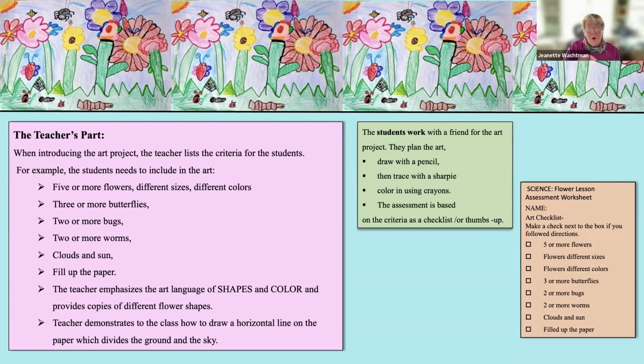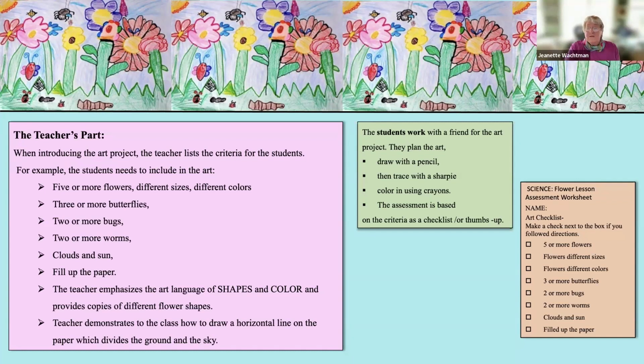As you're demonstrating, you can draw some flowers and tell the students, you're going to draw the flowers first with your pencil. Then you're going to trace your flowers with a Sharpie and use the Sharpie to add your butterflies, bugs, worms, your sun, and fill up the paper. So while that demonstration is going on, you're giving them the steps to use.